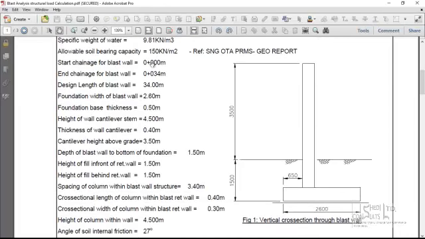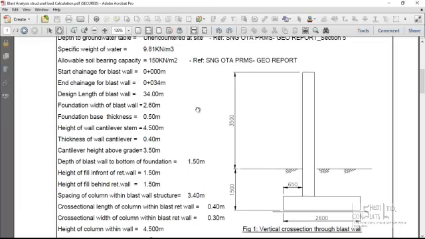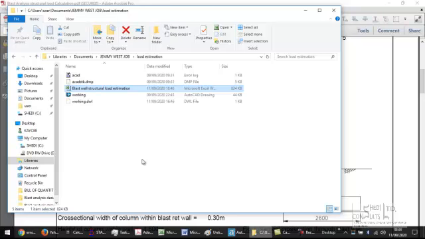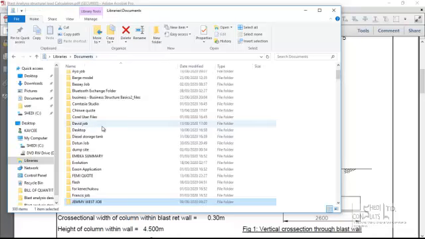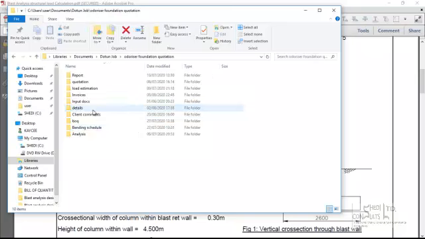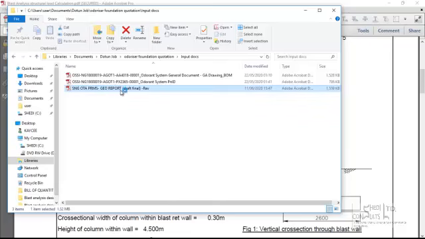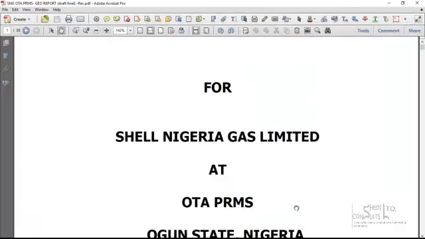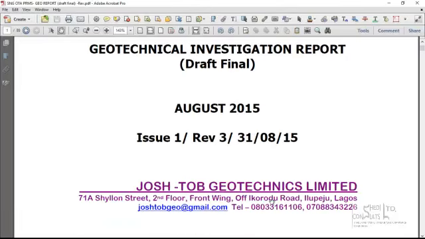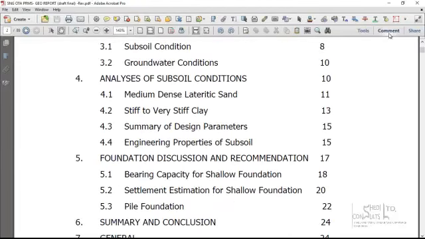The allowable capacity of the soil is about 150 kilopascal. I also got it from this report. I can show you the report from a different project. This is the investigation report for the same location, for a different project.